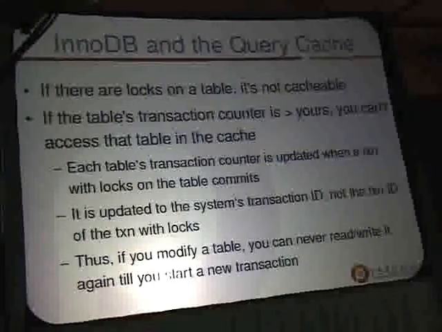So in practice, if you're transaction 1, and you're updating some things and you've got some locks on a table, meanwhile transactions 4, 5, 6, all the way up to, let's just say, transaction 10, come in and modify the table, when transaction 1 commits, that table gets transaction ID 10 stored in it. Suddenly, everything less than 10 can no longer read or write that table from the query cache. Does that make sense?